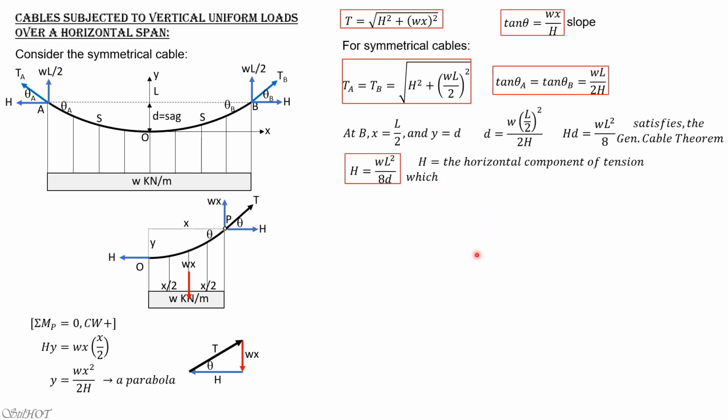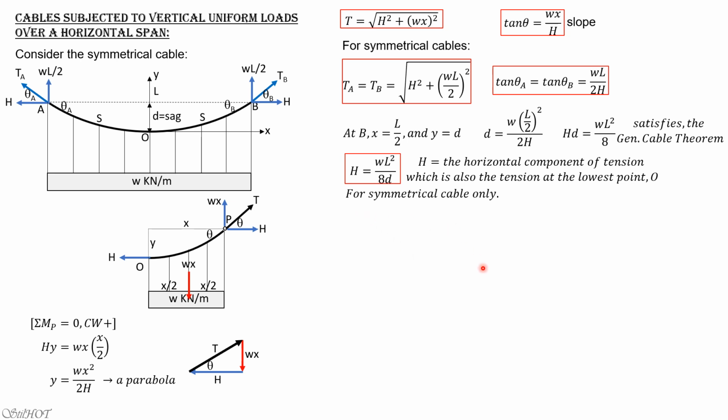So this is the horizontal component of tension, which is also the tension at the lowest point. Take note that the horizontal component of tension at any point on the cable is H. If you draw the free body diagram, that should always be H, as long as the load is vertical, meaning there's no inclined load or concentrated load.